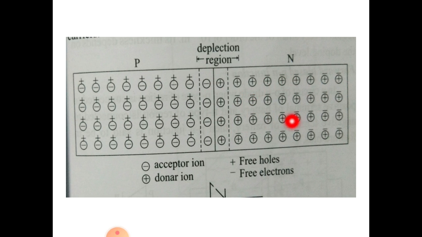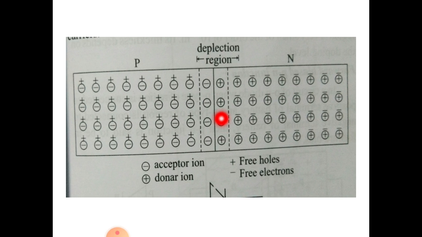Similarly, in the N type region, the N type semiconductor is due to the pentavalent impurity atom, so there are donor ions in the N type region, and these donor ions diffuse towards the junction.